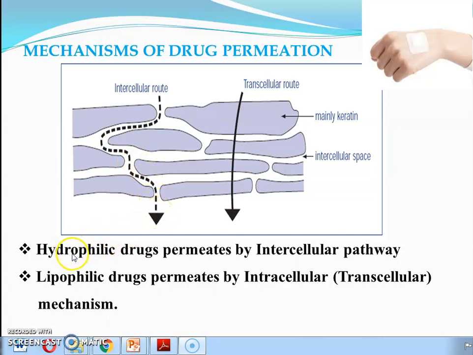Most of the hydrophilic drugs are permeated by the intercellular route, and the transcellular route is one in which the drug is transported through the cell. Hydrophobic, that is lipophilic, drugs may permeate through the transcellular route of mechanism.